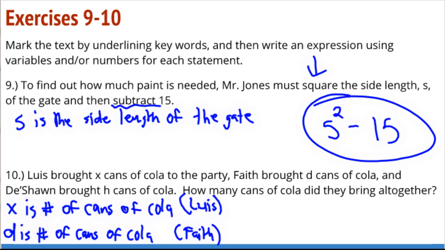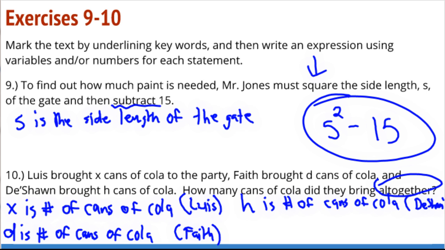And Deshaun brought H cans. I'm running out of room. Okay. And it says, how many did they bring all together? All right, so I've got Luis's that will be combined with Faith's that will be combined with Deshaun's.